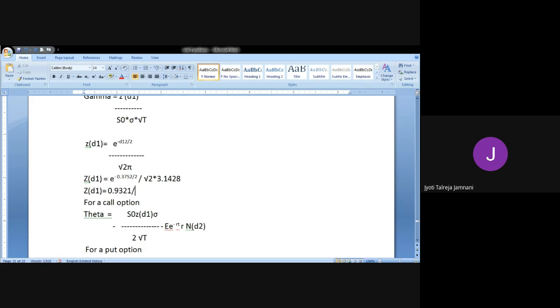Divided by square root of 2 into 3.1428. So you get 2.5071.